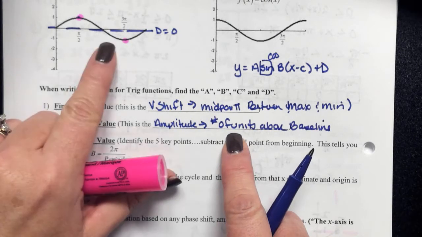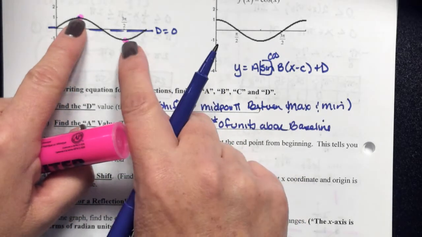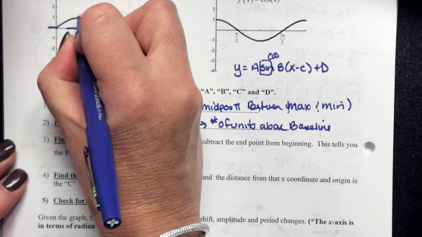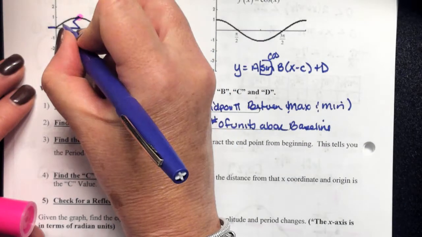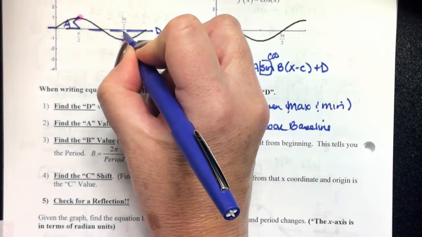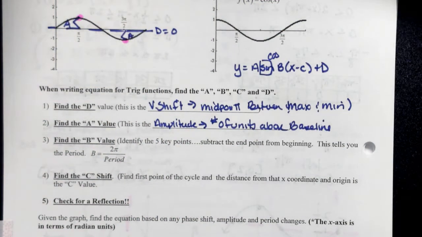For example, in this particular curve, my maximum was at 1, my minimum was at -1, and my D value is 0. The distance between my baseline and the maximum is my amplitude, so the amplitude is equal to 1. Same thing right here: if you count the number of units below your baseline, that's your A value. That's how you identify your A and your D value.